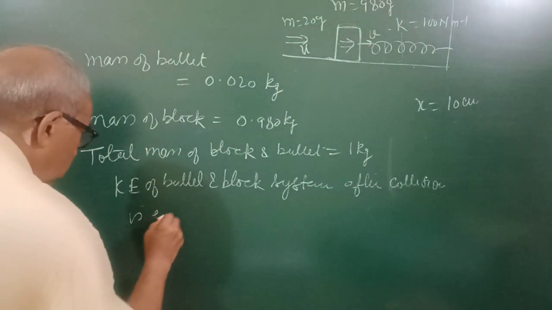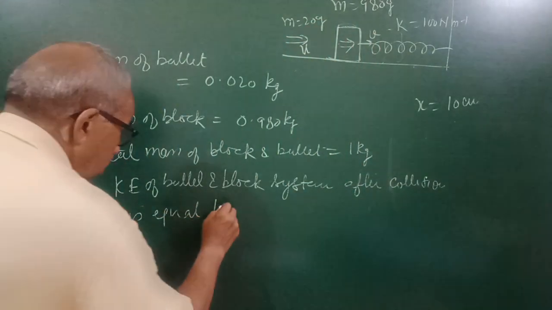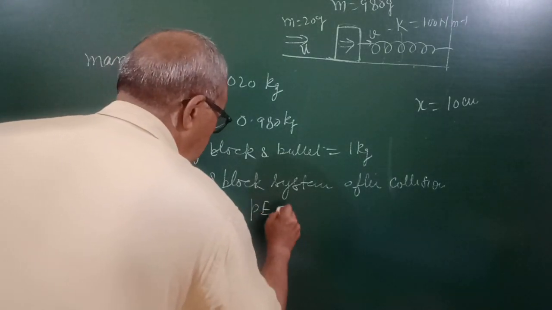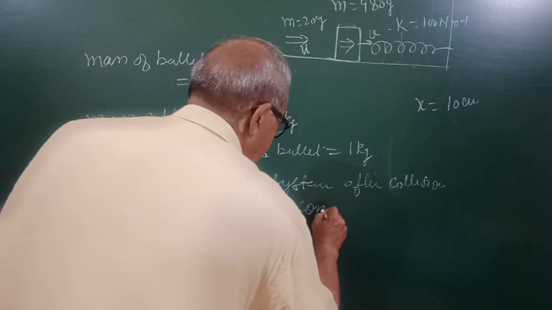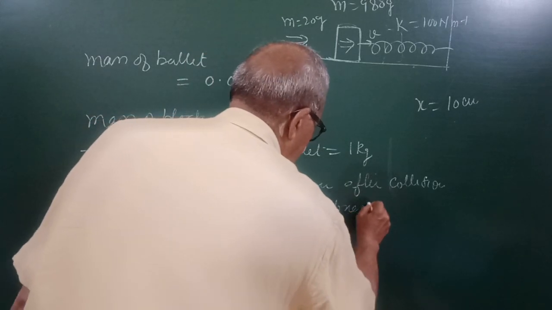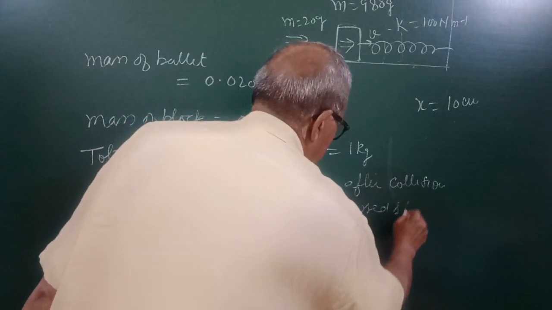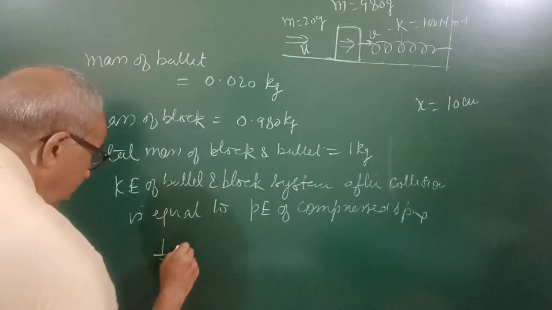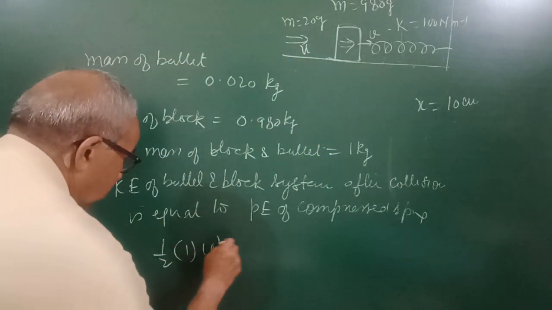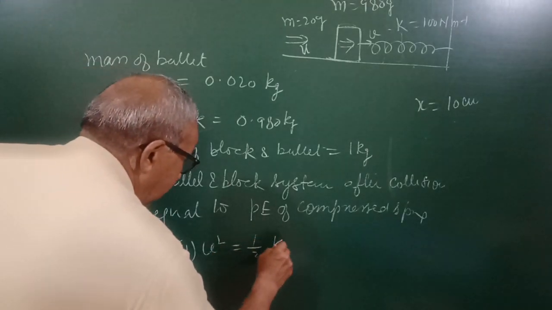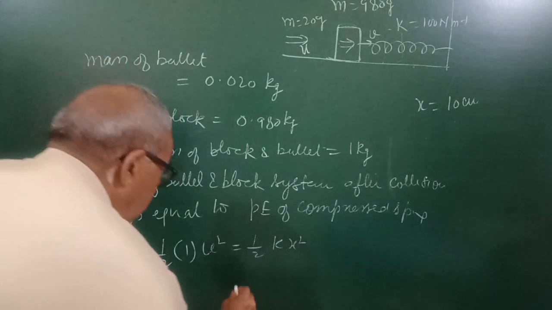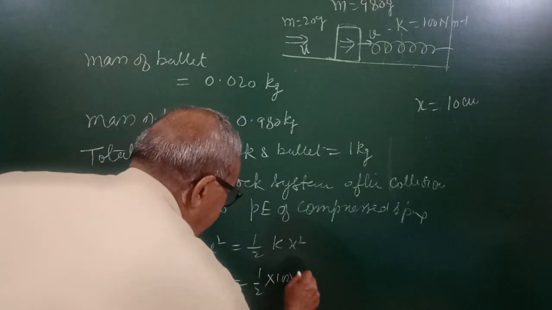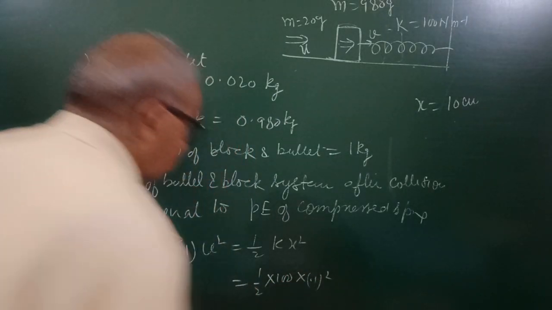is equal to the potential energy of the compressed spring. Hence, half into 1 into v squared equals half k x squared. Here k is 100, x is 0.1 squared.